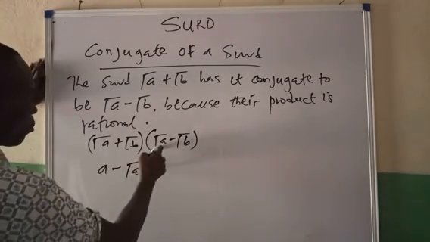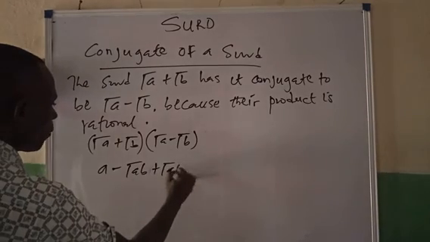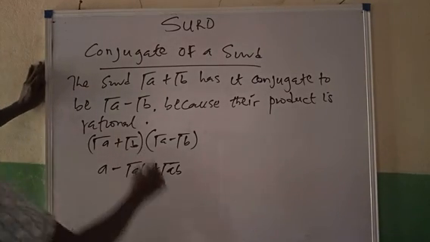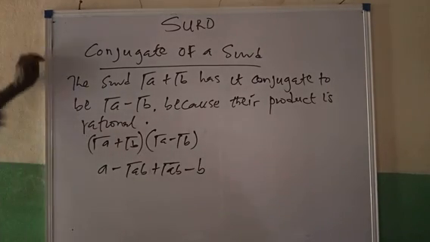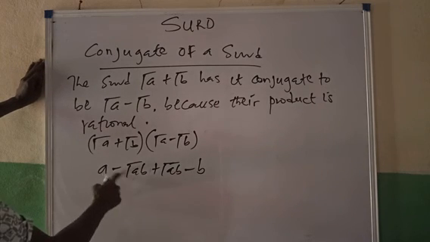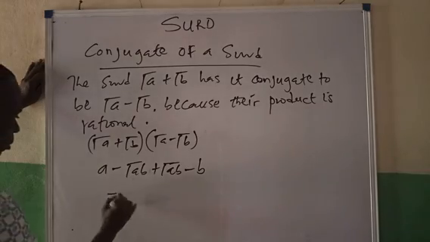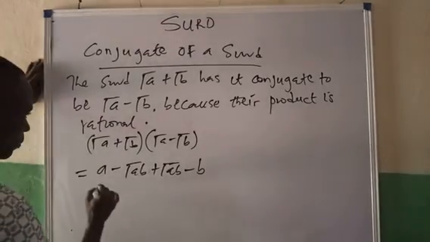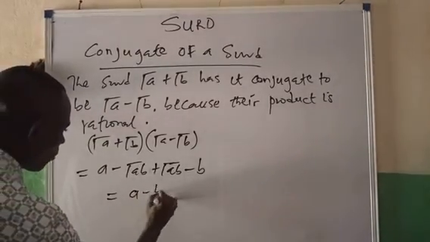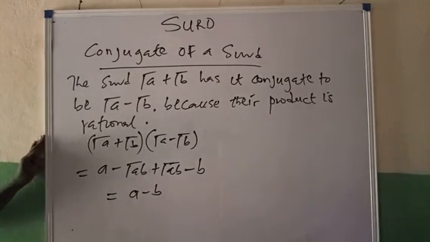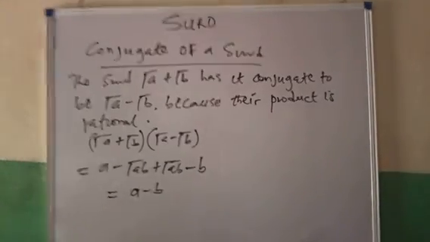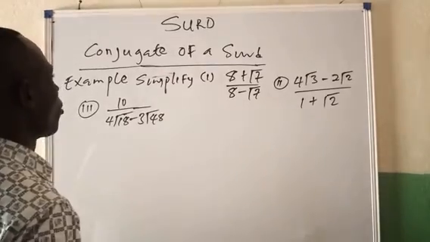Root B times root A will give you plus root AB. And root B times root B will give you minus B. So this is minus, this is plus, so this will cancel this. So our final answer will be equals to A minus B, which is rational.